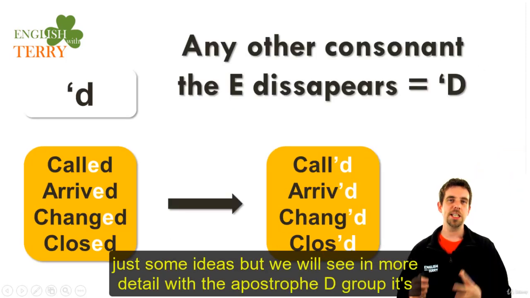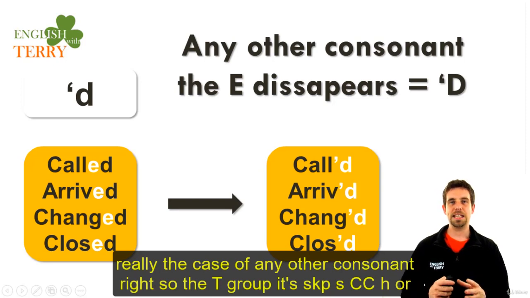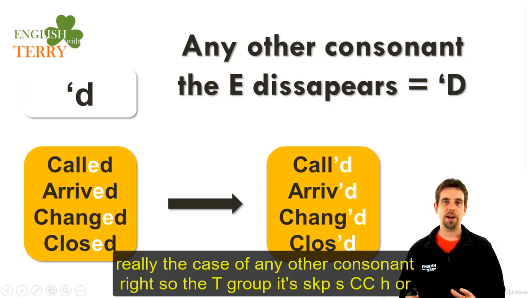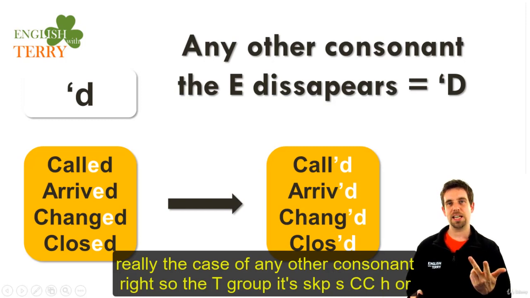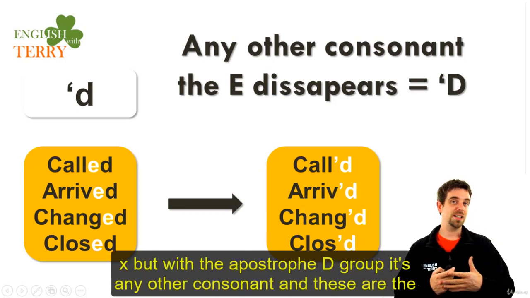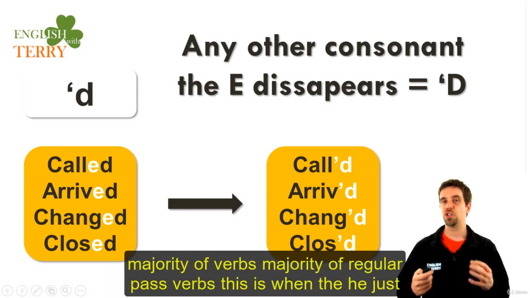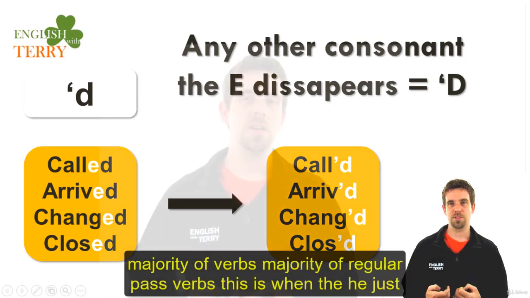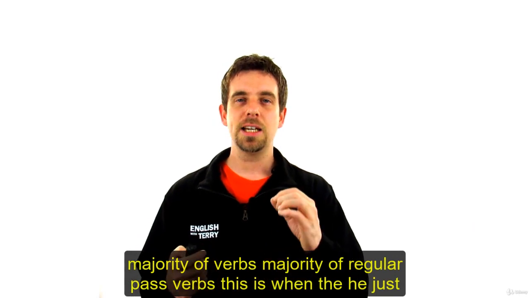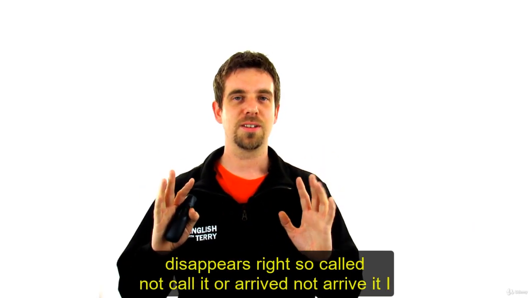With the apostrophe D group, it's really the case of any other consonant, right? So with the T group, it's S, K, P, SH, C, CH, or X. But with the apostrophe D group, it's any other consonant. And these are the majority of regular past verbs. This is when the E just disappears, right?